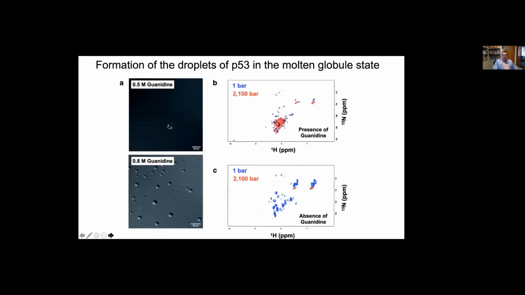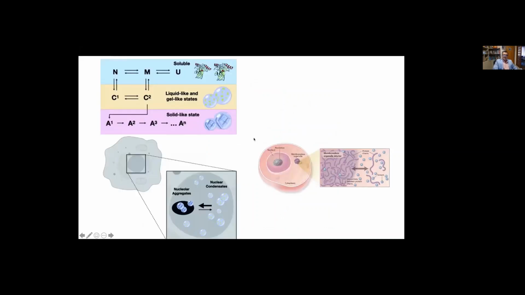This paper also showed that some conditions that partially unfold p53, like guanidine, lead to liquid states, and in this condition we could revert it with high pressure. I won't go through this data, but just to summarize, we were able to go through some of these states.